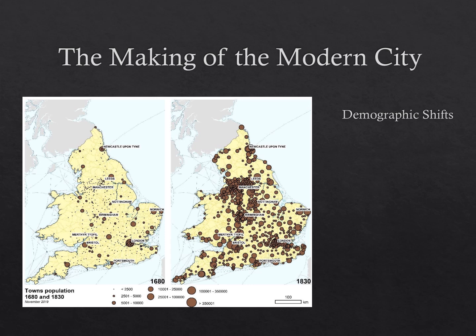The population of London in 1800, when they did the census, had reached 1 million people. Contemporaries were shocked that the city was so large. 1 million would be big today, but by early modern standards, it was astronomical.